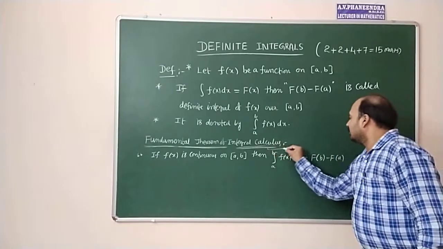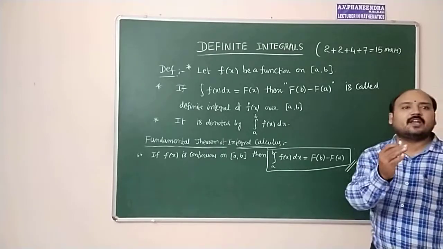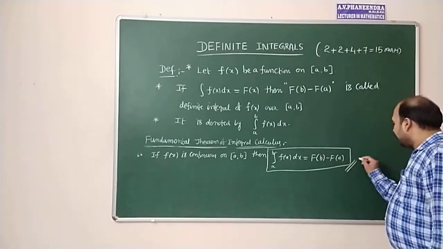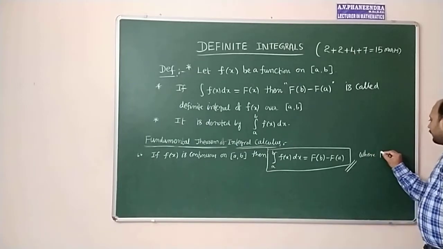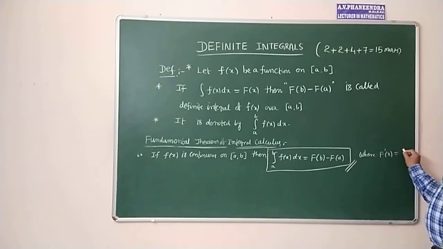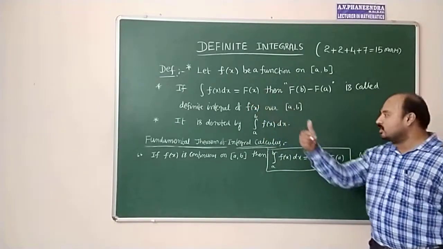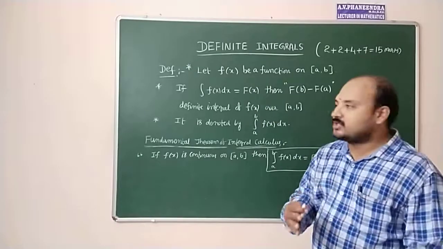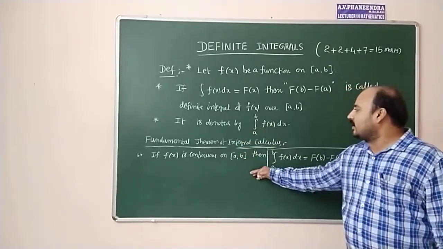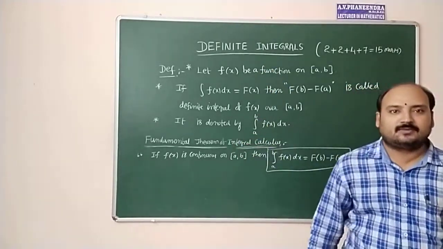This result is called the fundamental theorem of integral calculus, where capital F dash of x, the derivative of capital F of x, is equal to small f of x. This is about the fundamental theorem of integral calculus and the definition of definite integral.